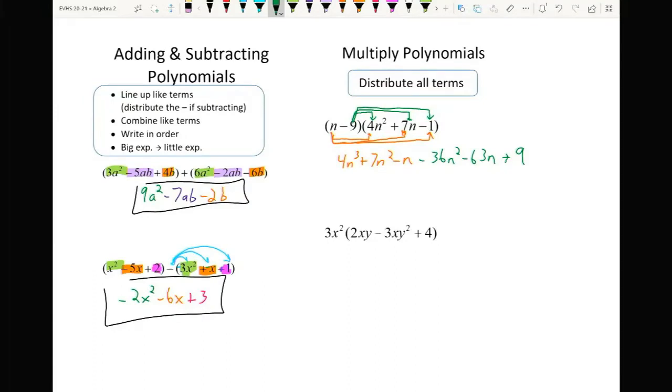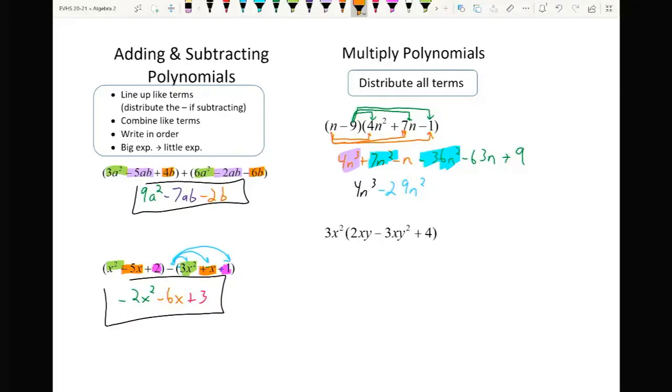Okay, now we've got to take care of like terms. Now this n cubed, there are not any others, so we've just got a 4n cubed. Now we've got a 7n squared and a negative 36n squared. And so 7 minus 36 will give me negative 29n squared.